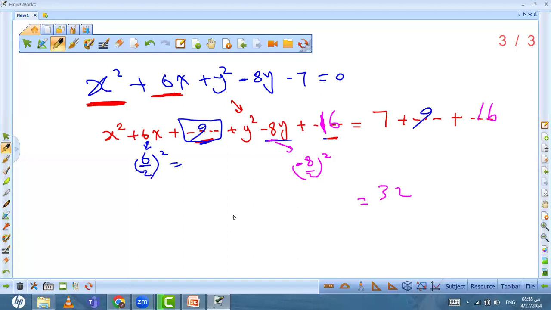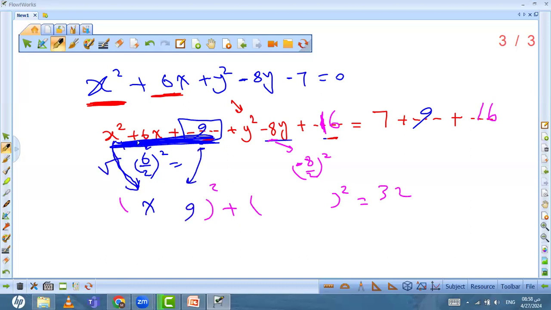Now what I should do, I'll make bracket squared, bracket squared. Look at this idea. I'll take the root first. I am now working on this one. I'll take the square root of the first, which is x, and the square root of the third, which is 9, and put the middle sign, which is positive.